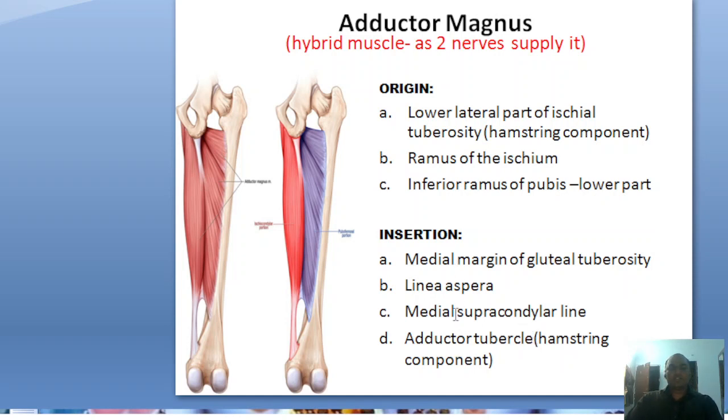This is the adductor hiatus opening. This is the insertion of adductor magnus. It is a fan-shaped muscle.